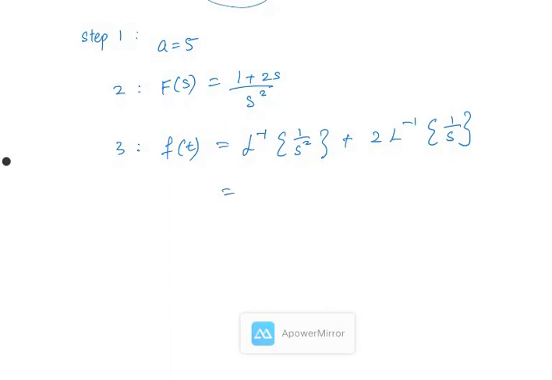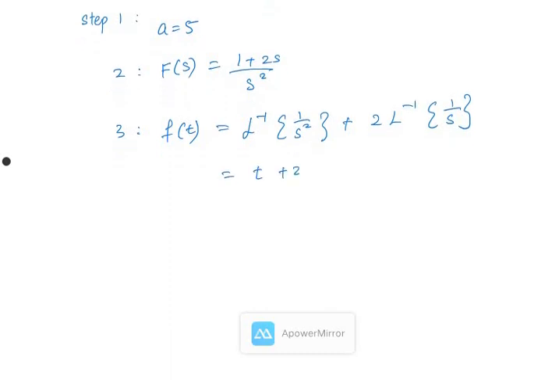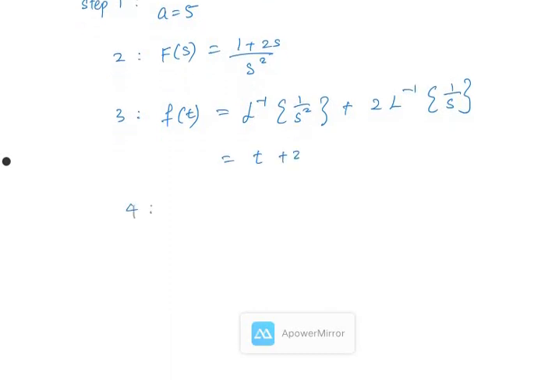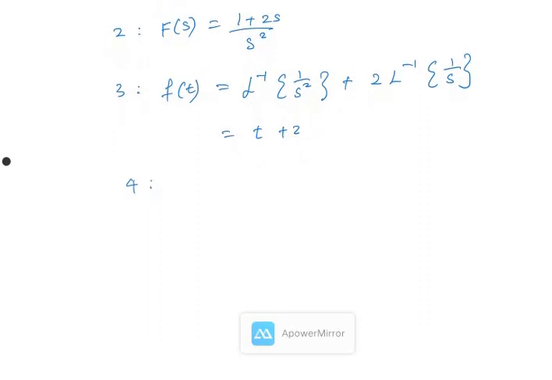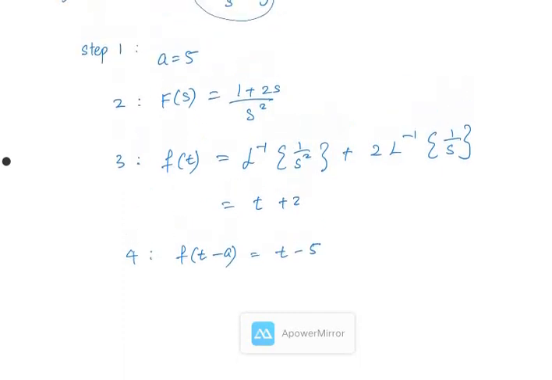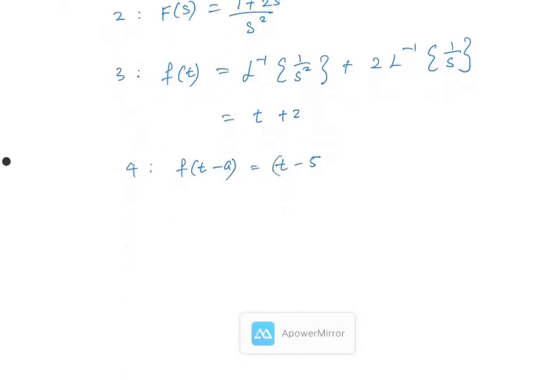So this is equivalent to t plus 2 only. And then step number 4, we change the variable from t to t minus a. So f(t minus a) equal to t minus 5, because t minus a is 5, so t minus 5 plus 2, so t minus 3.